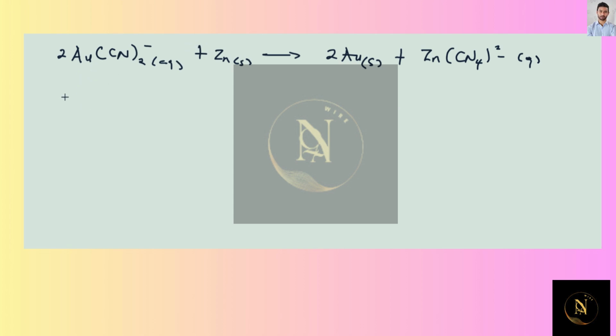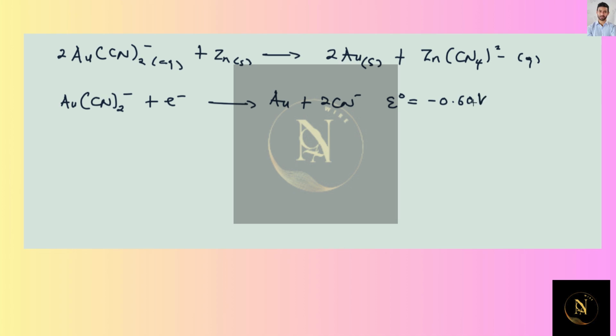The first one is Au(CN)2 minus plus e minus to produce Au plus 2CN minus, and the reduction potential for that is minus 0.60 volts.